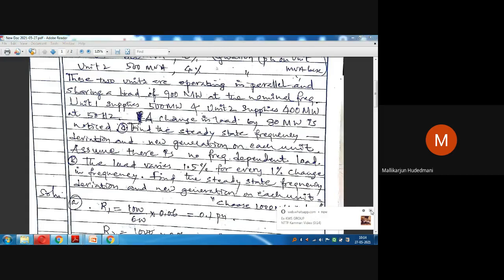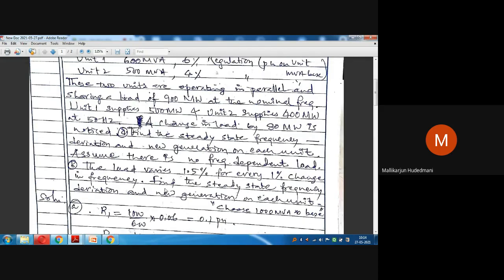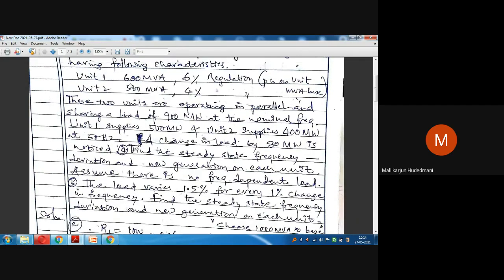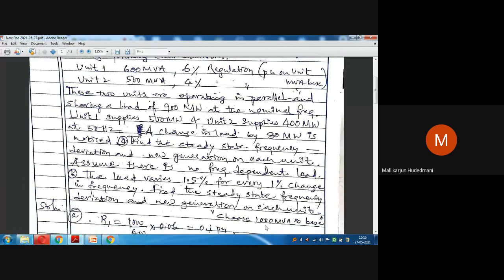For that, what will I be doing? Choose 1000 MVA as base. It's very clear because one machine has 600 MVA capacity and another has 500 MVA capacity. So their droops are presented on their own capacity values. Then it becomes necessary for us to take them to a common base to solve this problem. Therefore, what is mentioned here is choose 1000 MVA as base.